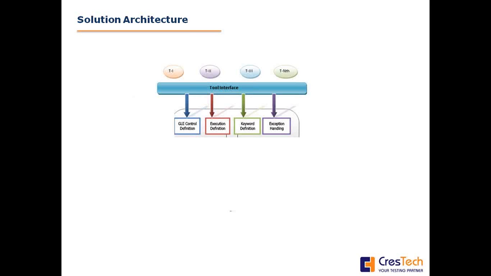So we know that if there is a button object, there are certain sets of properties that need to be attached with the object. So this control definition will have a list of all possible types of objects, and for each object, what are the different kinds of attributes that need to be captured.